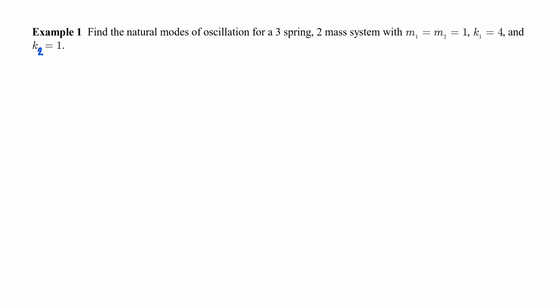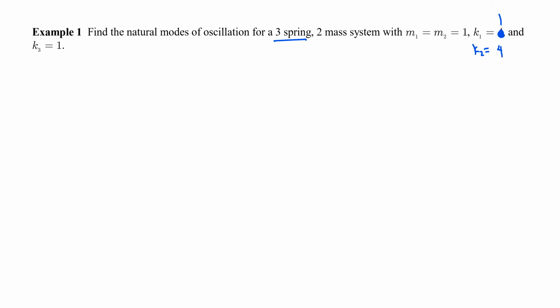Hang on, guys, I have some typos here. Let's correct this. K sub 1 is going to be 1. K sub 2, I'll sneak it in over here, is going to be 4. And k sub 3 equals 1. We should have 3 spring constants because we have 3 springs.